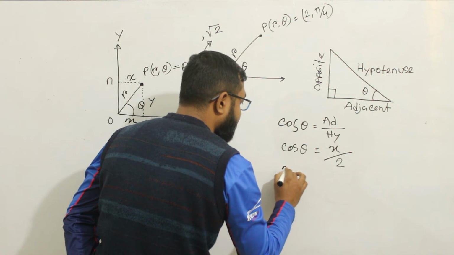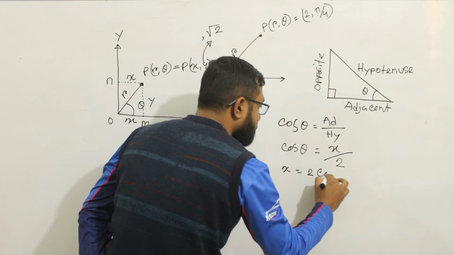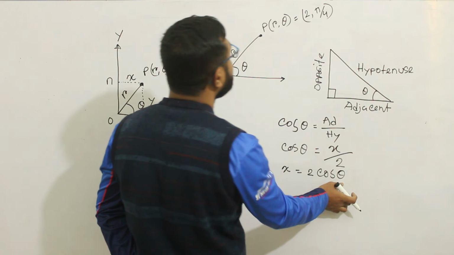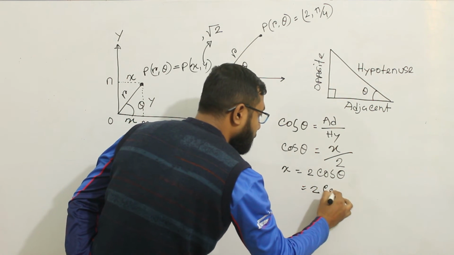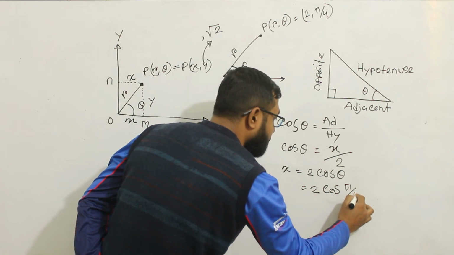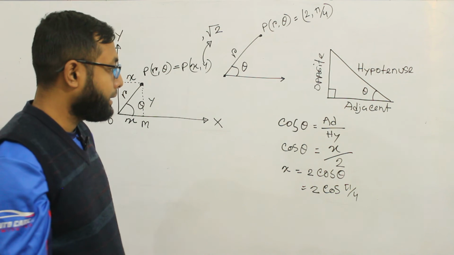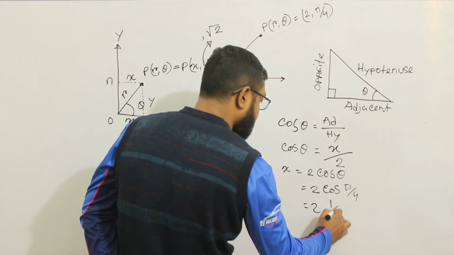So we can write x is equal to 2 cos theta. In that case we have the value of theta equal to pi by 4. So we can write 2 cos pi by 4, and pi by 4 is equal to 45 degrees, and cos 45 degrees is equal to 1 by root 2.